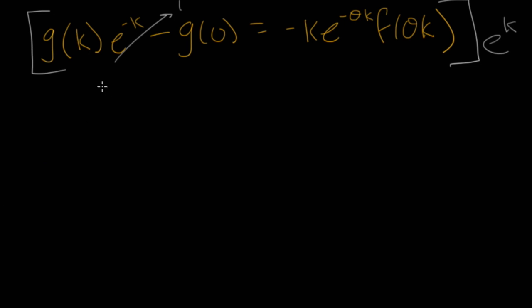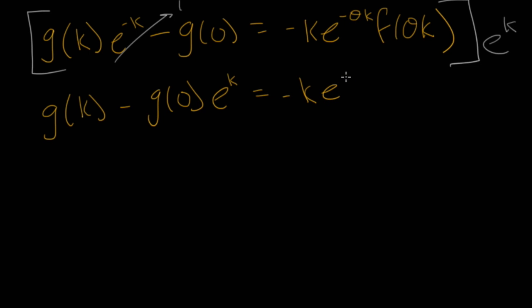And we arrive at the final relation, g of k minus g of 0 e to the k equals negative k e to the 1 minus theta k f of theta k. And so this theta is going to be specific to this k value, so we'll call it theta sub k.